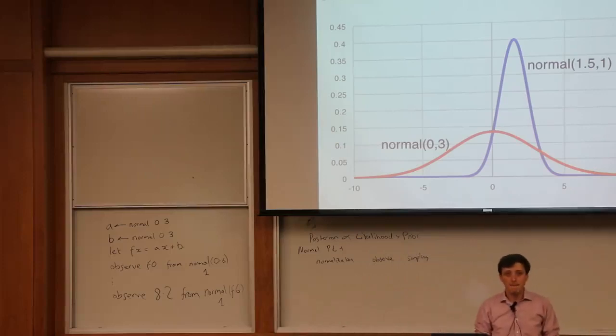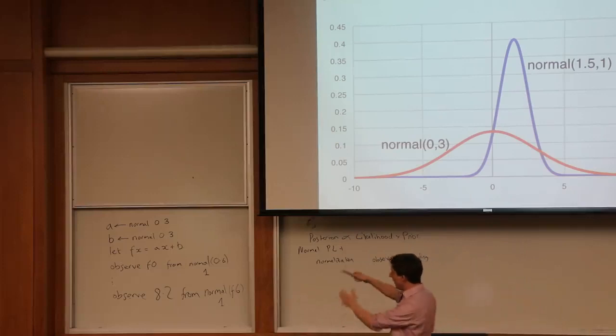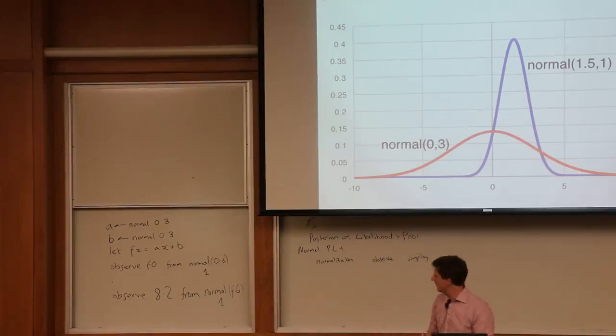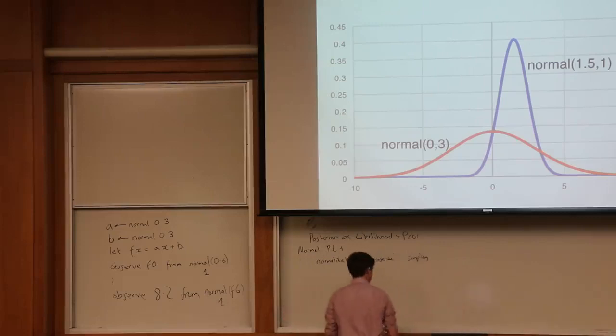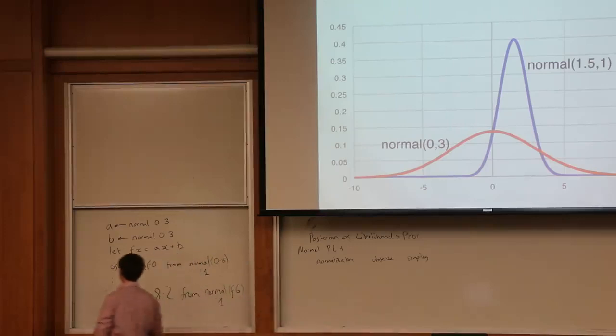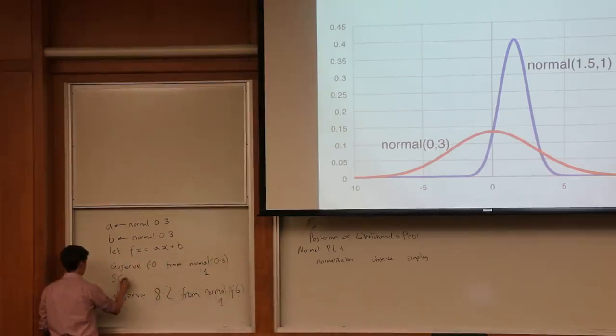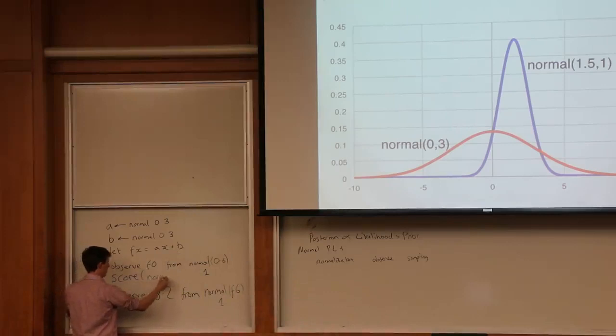What does the word "from" mean in this context? Right. So when I actually write this in Haskell, I'll write score of normal PDF.